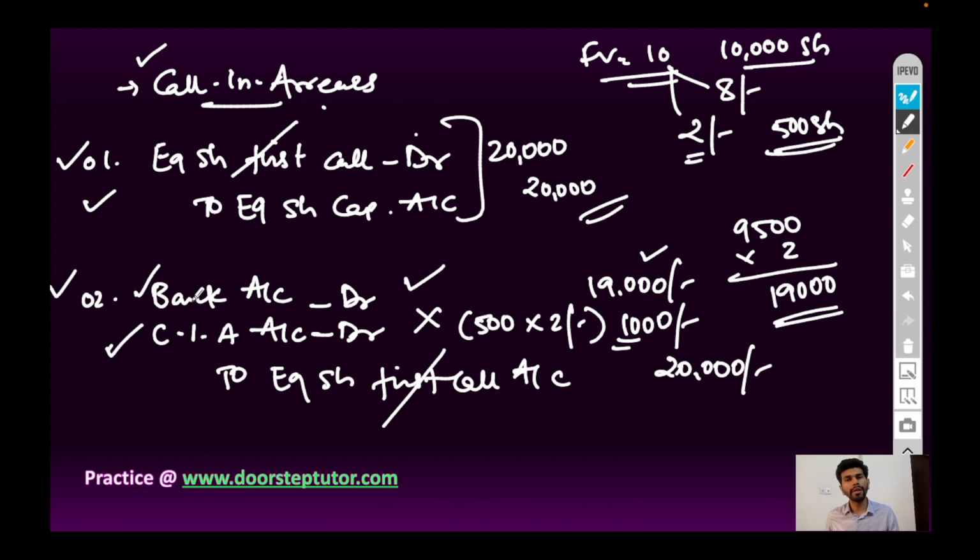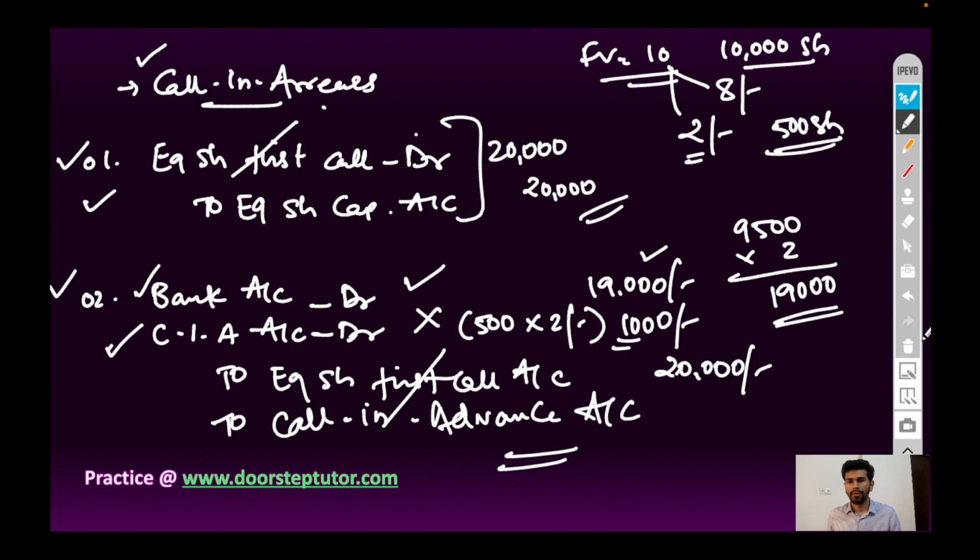In case of call in advance, if one applicant of 500 shares has given 2 rupees in advance, then the entry will be bank account debit to equity share first call to call in advance account.